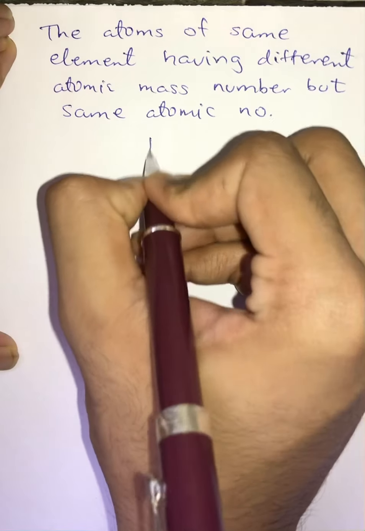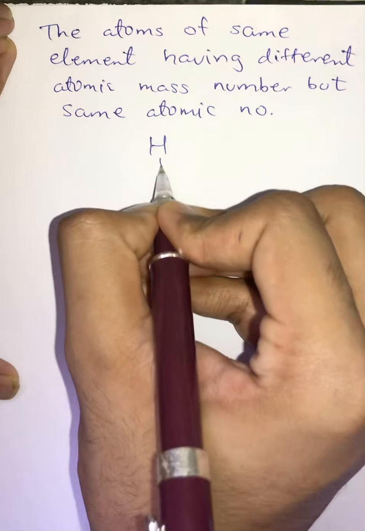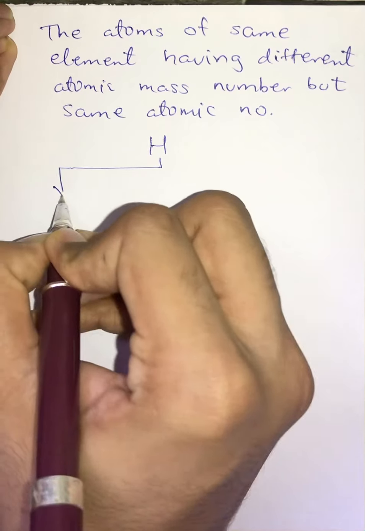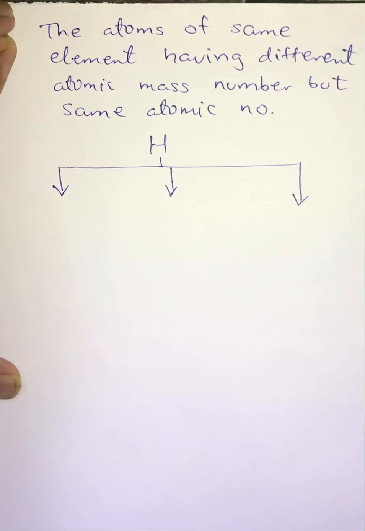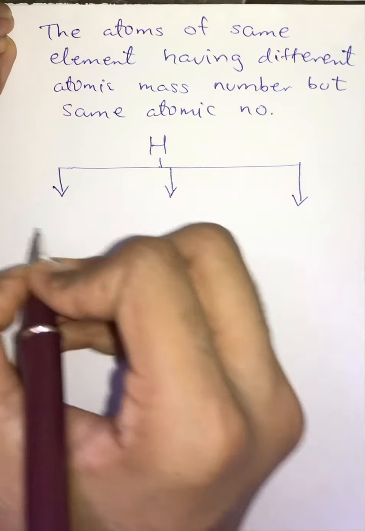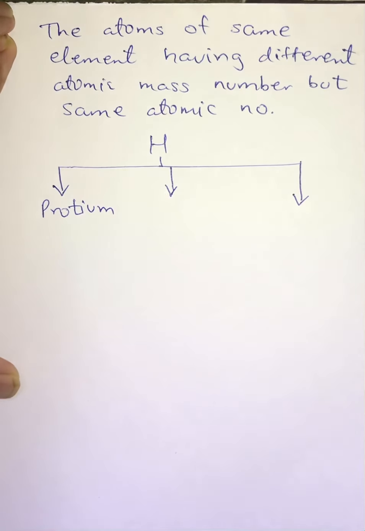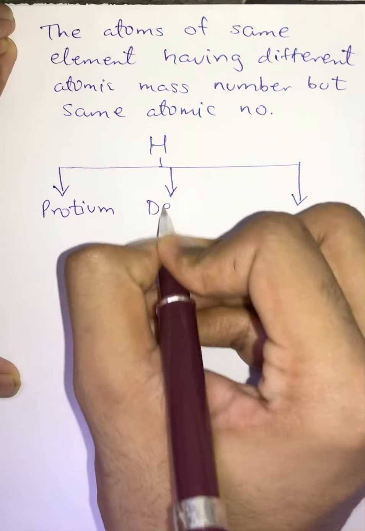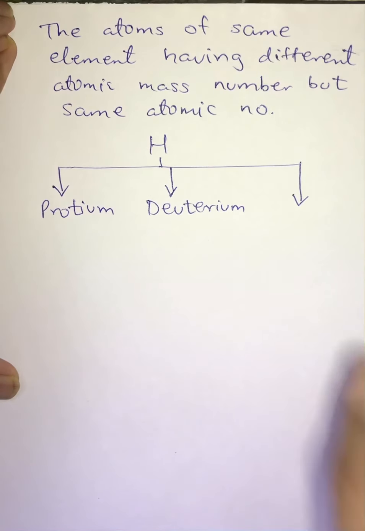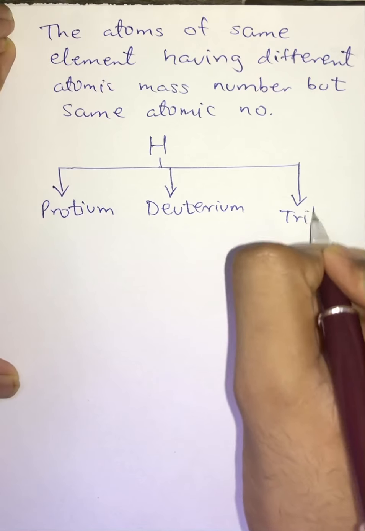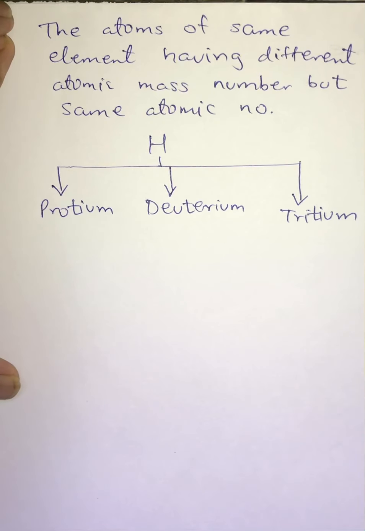Consider a hydrogen atom. Now hydrogen atom has three isotopes. The first one is protium, the second one is deuterium, and the third one is tritium. Now what is the difference between them?